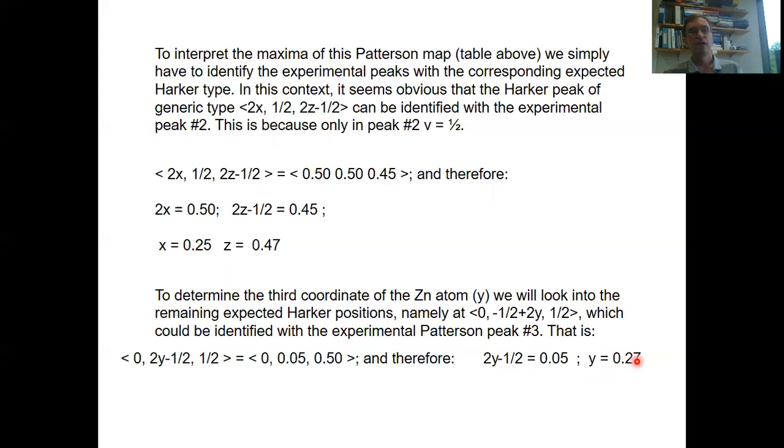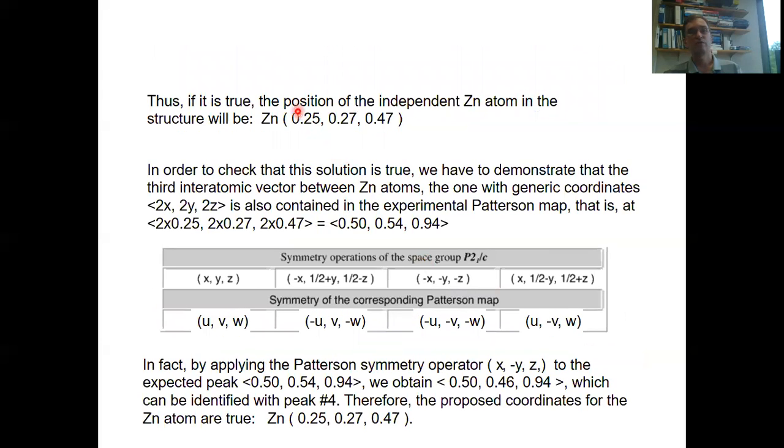Now we have found all the positions of our zinc atom. So now we can further verify that this solution is true by checking if also the other position, the Patterson function, can be correlated to these positions here.